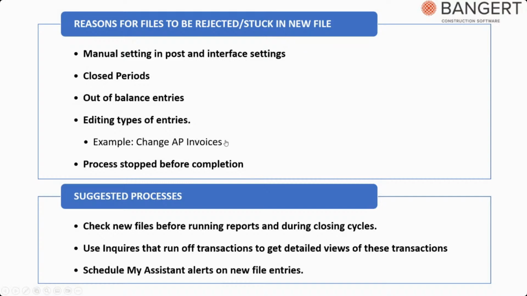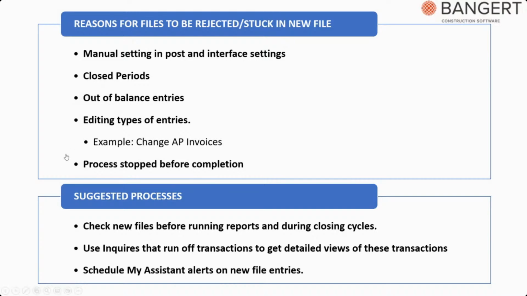Sometimes, when you're making a change to an accounts payable invoice and you're coding it to a different GL account or a different job, there's some functions built in there that the system is automatically going to keep it in new, just so someone else can take a look at it before it posts. So whenever you're making changes to entries from those originating modules, just go through and make sure that those new files have posted all the way through the system.